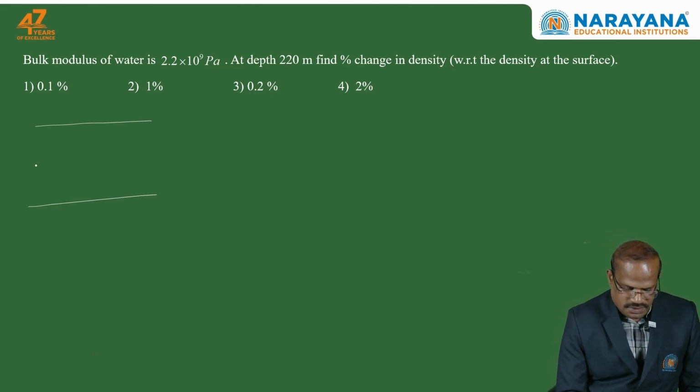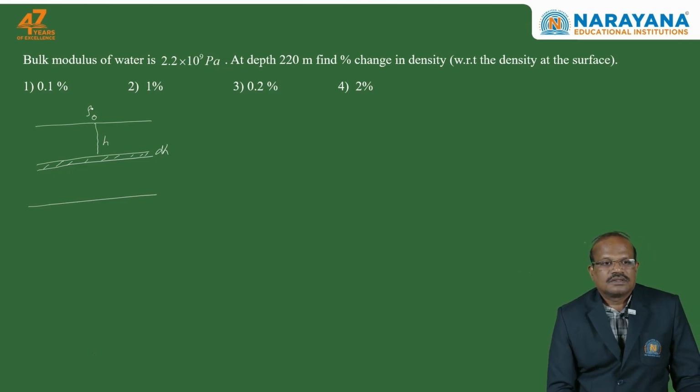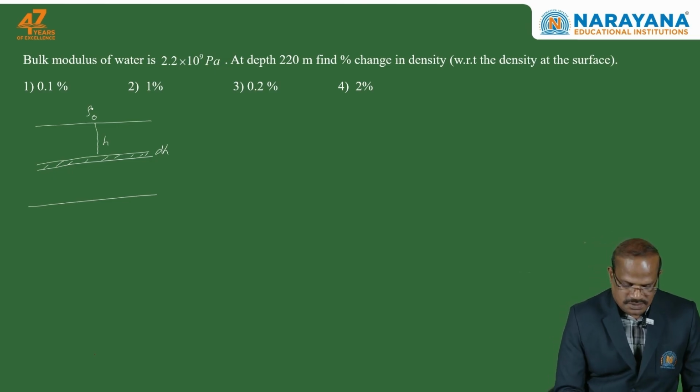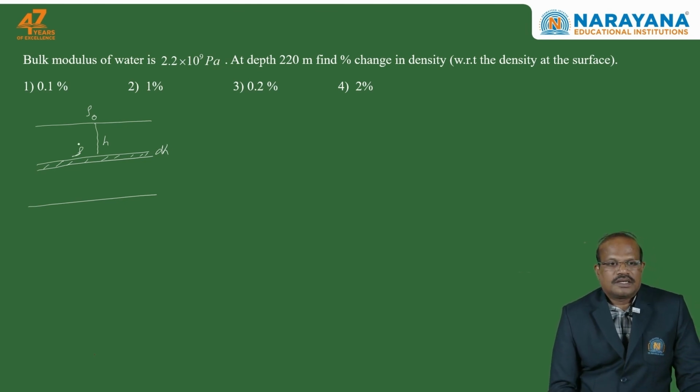Consider a layer of water at depth h. Let dh be the thickness of this layer, rho naught be the density of water at the surface, and rho be the density at depth h.